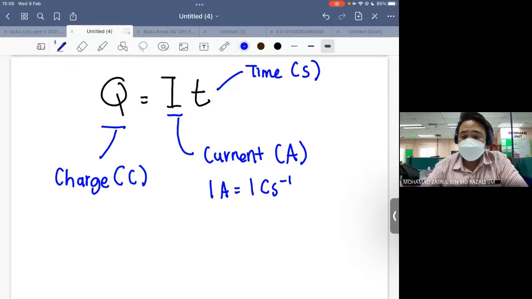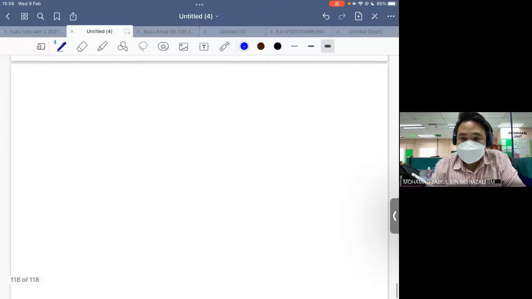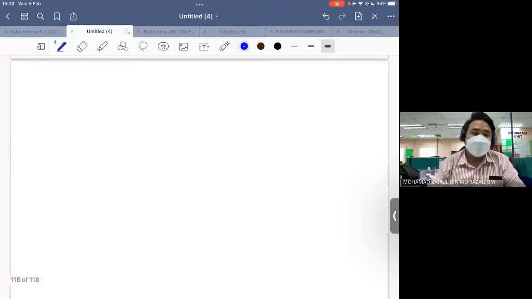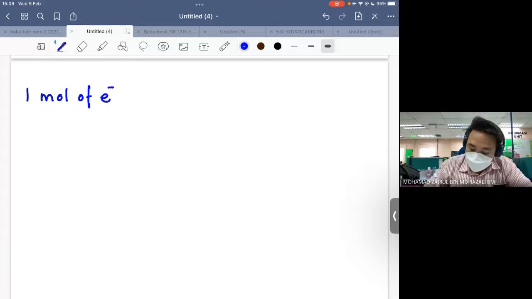Dan kalau kita tahu electrochemistry ni, chemical reaction yang involved dia adalah redox reaction. Redox reaction bermaksud dia ada involve the transfer of electron. So ada satu relationship yang kita boleh tengok. 1 mole of electron is equal to 1 Faraday.